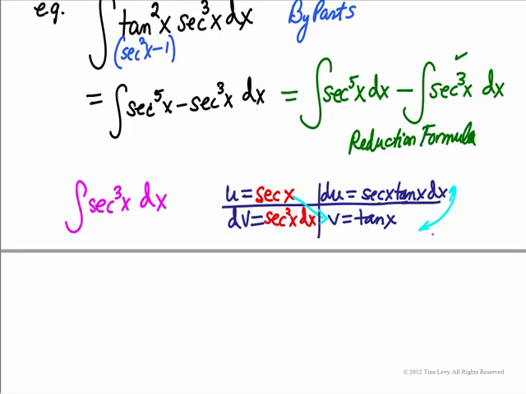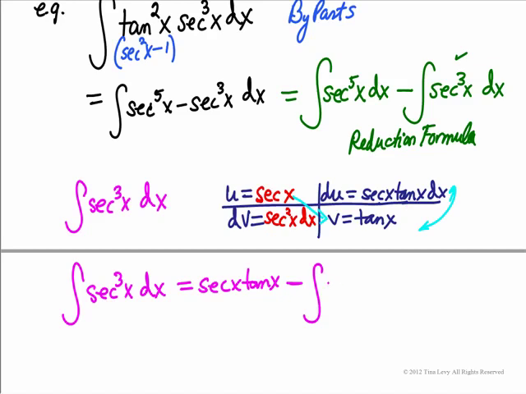We get that the integral of secant cubed x dx is, crossing this, secant x times tangent x minus the integral of secant x tangent squared x dx. At this point, I'm not sure what to do, so I am going to replace tangent squared with secant squared minus 1.